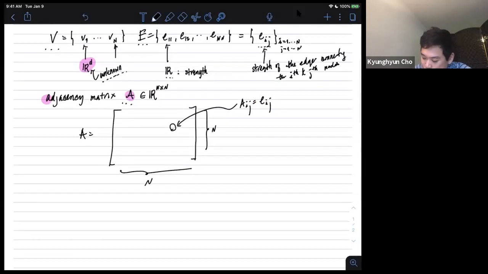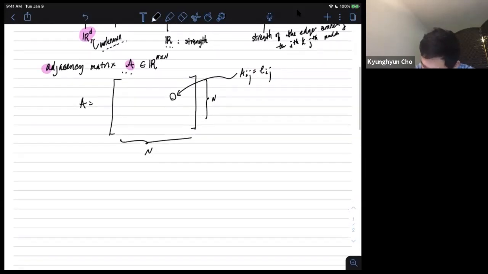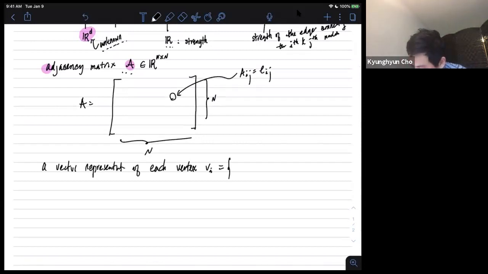And in particular, we're going to say that a vector representation of each vertex vi can be separated into two vectors. I'm going to use wi and zi.